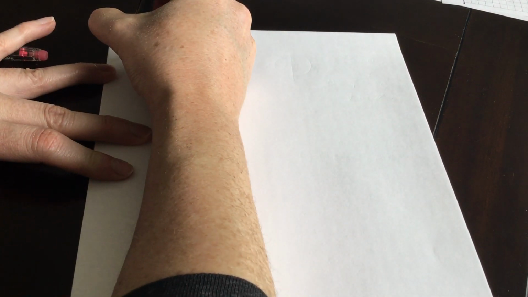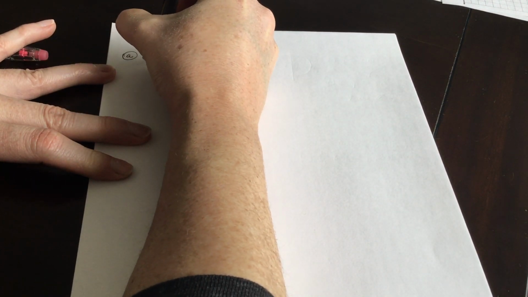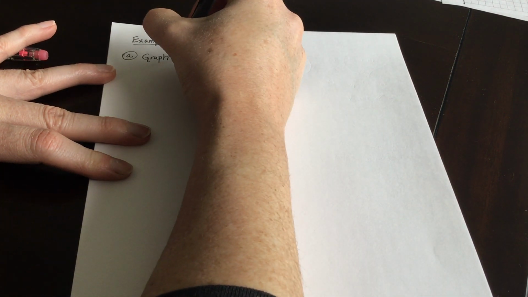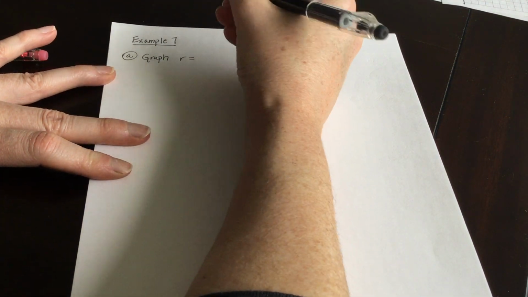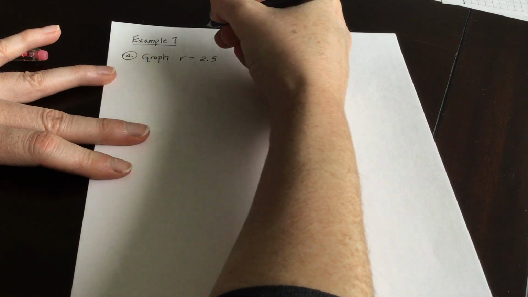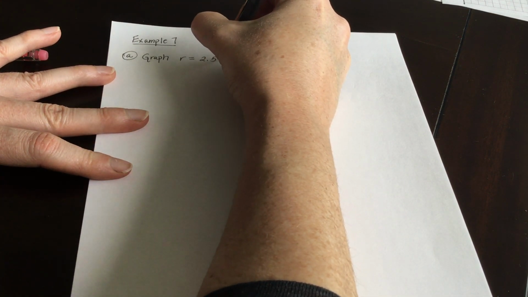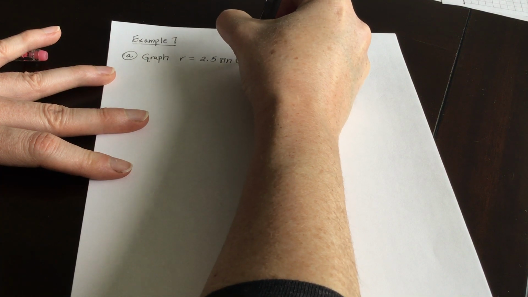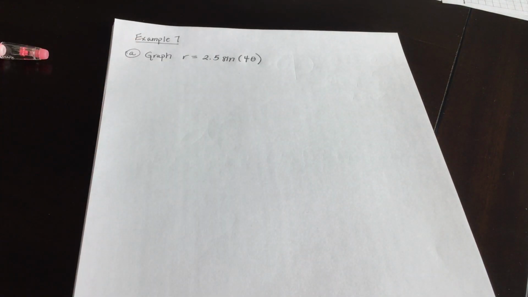And for part A, let's have you graph r equals, let's do 2.5 times sine of 4 theta. Okay, super good time to pause the video and just see if you can figure that out.